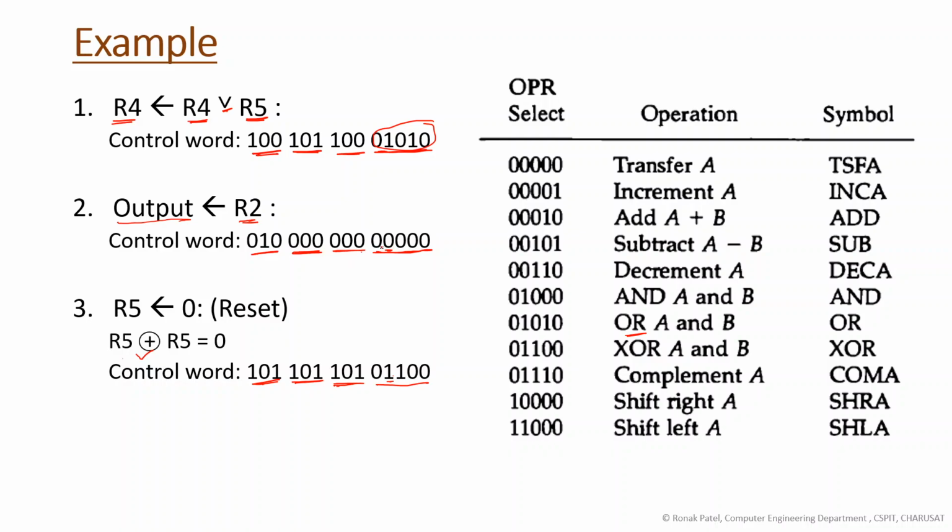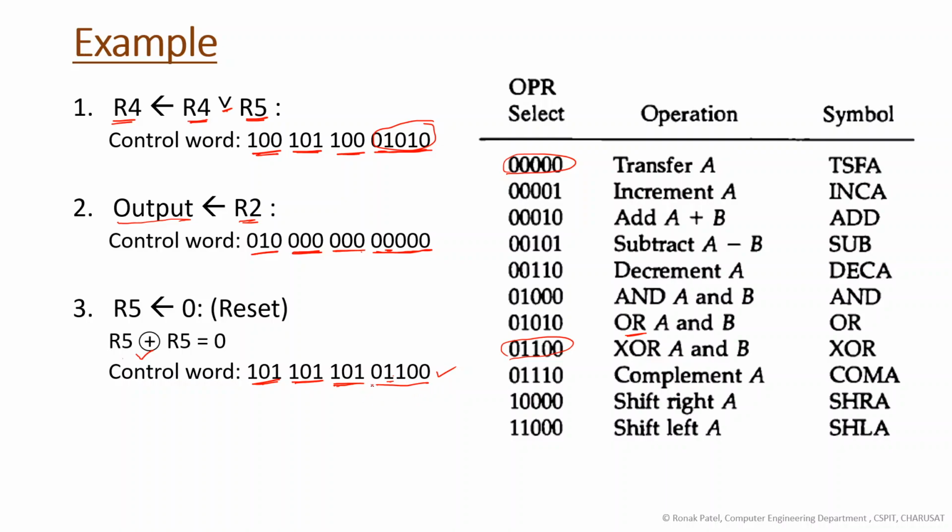Then transfer A: whatever we have, we are going to transfer to output, so 0 0 0 0 we were specifying. Then reset means using this operation, A XOR A, that is R5 XOR R5, it will reset. For XOR the operation code is 0 1 1 0 0, right?